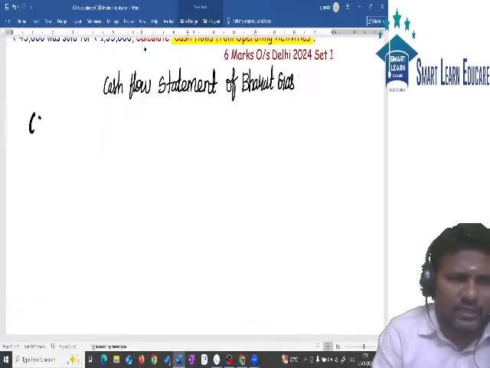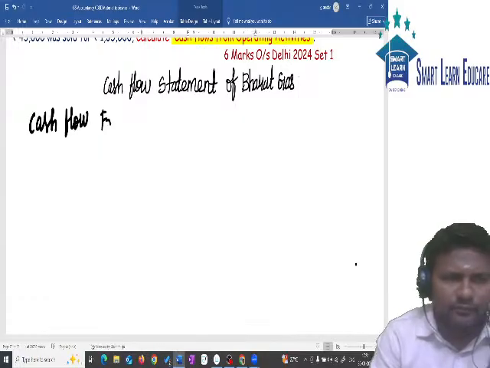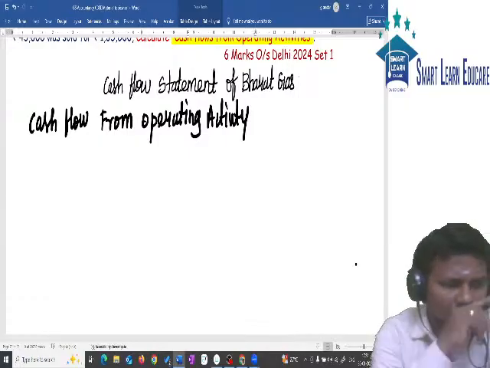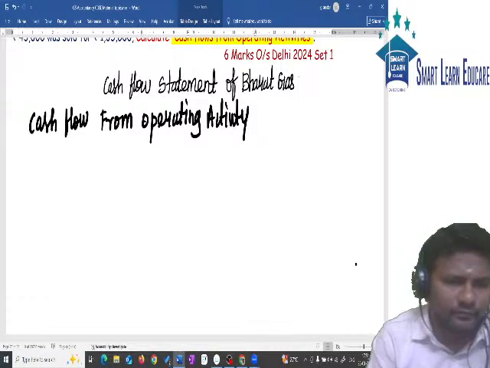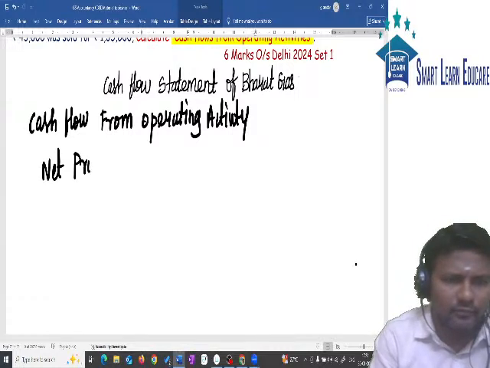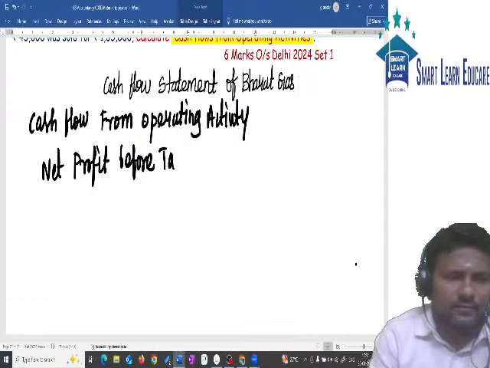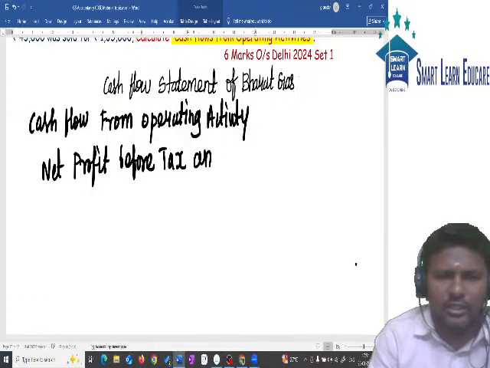First one, cash flow from operating activity. First one, net profit before tax and extraordinary item.